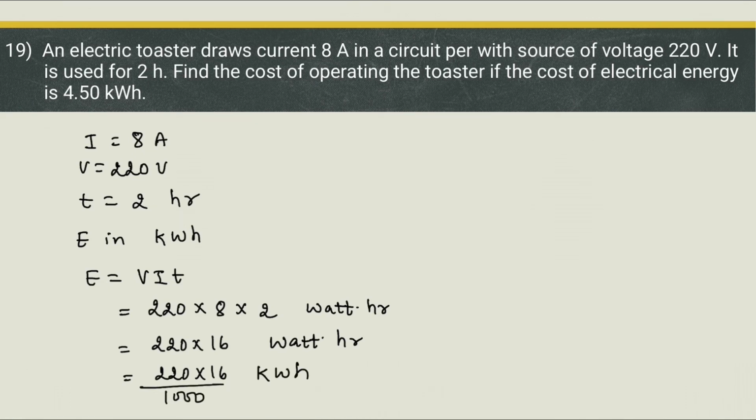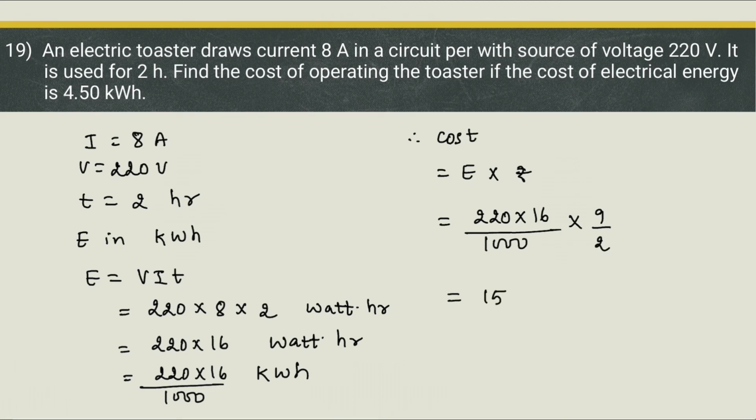This is the electrical energy consumed. So the cost is energy into rupees, which is 220 into 16 upon 1000 into the cost for 1 kilowatt hour, 4.5 or 9 by 2. On simplifying we get the answer as 15.84 rupees.